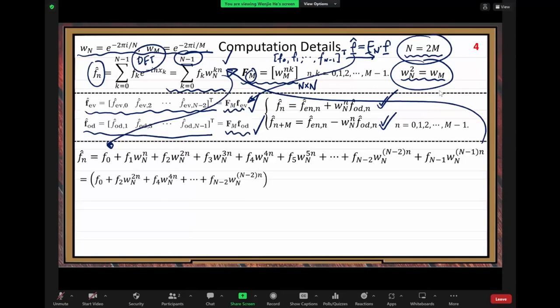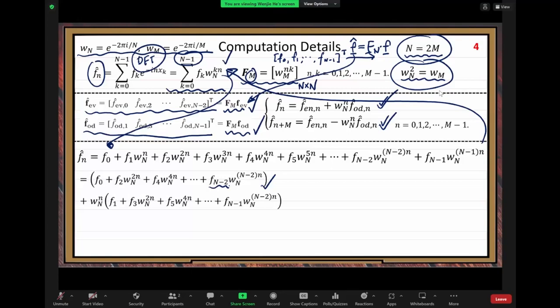The first subgroup, this parenthesis, contains all the terms with even subscripts: 0, 2, 4, up to n minus 2, because we know n is an even number, so n minus 2 is also an even number. The second subgroup contains all the terms with odd subscripts: 1, 3, 5, and so on.